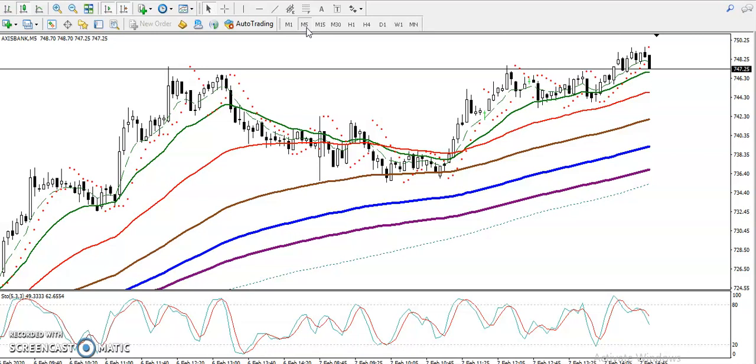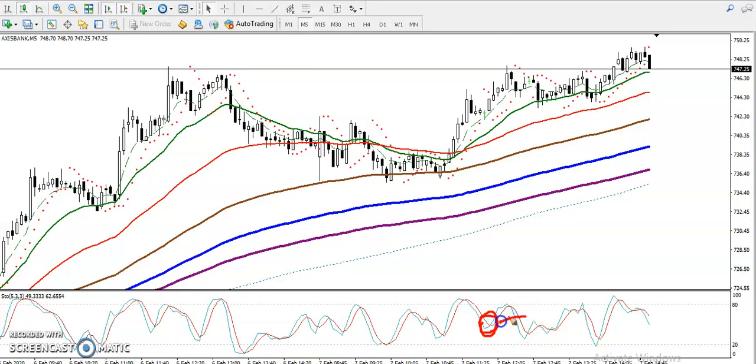Now you can see the rule is that when the stochastic lines cross each other. If you don't know about the stochastic and how to use it, just visit my website, already given in the link below, and read properly how the stochastic works. All right, so here you can see a crossover.